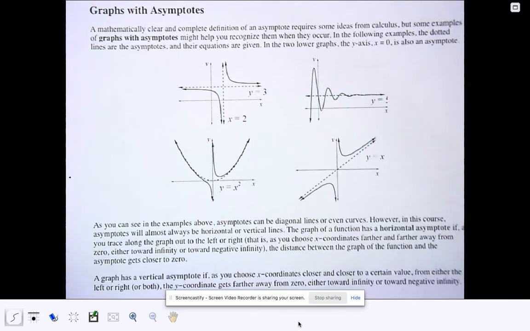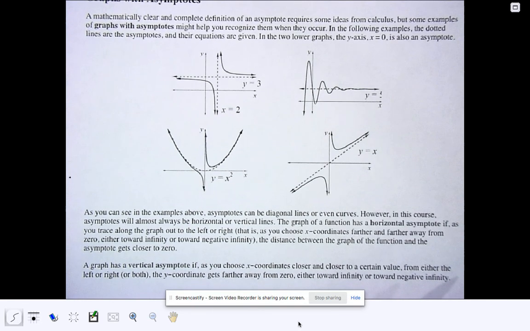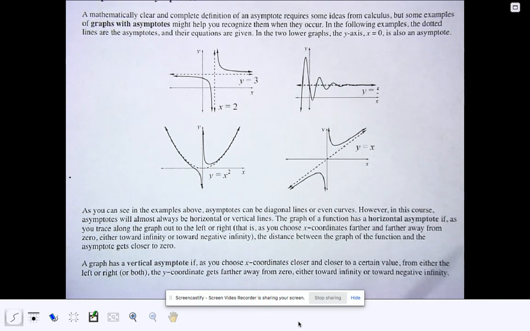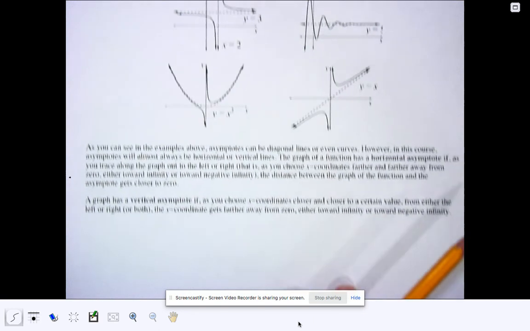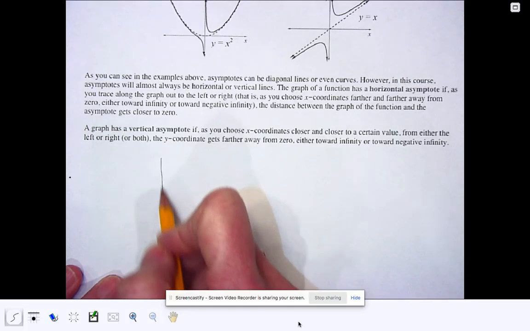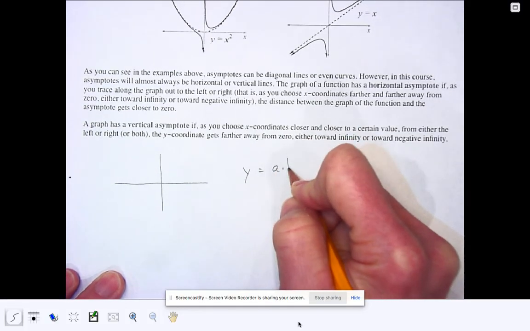Graphs with asymptotes. So let's go ahead and stick this paper in there. You'll be learning a lot more about asymptotes in a later course, but this is just an introduction to it right now. The big thing after you read over this is that in an exponential, let's say I've got y equals a times b to the x.